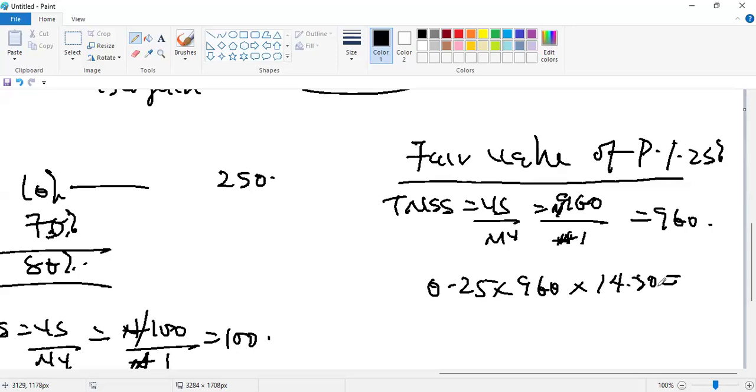What does it cost? 0.25 times 960, 240 times 14.5. So the fair value of the previous investment for the goodwill calculation is 3,480.